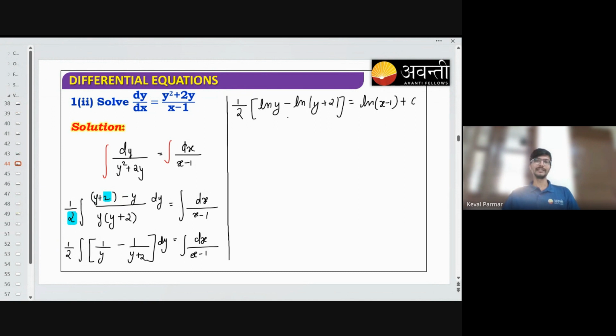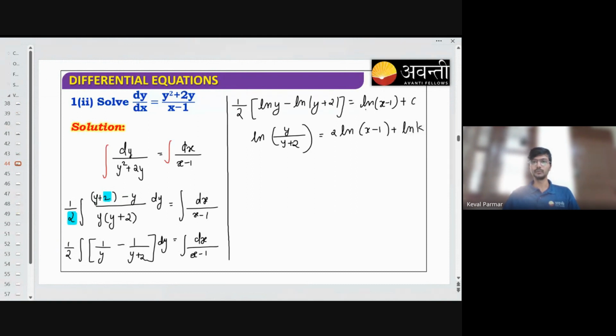So if you can see, there are many logs, and I told you that you will hardly find any options with logs, so we have to simplify. How can we simplify? Cross multiplying the 2, I'll get ln of y upon y plus 2 is equal to 2 ln of x minus 1 plus, we can write 2c as ln k.